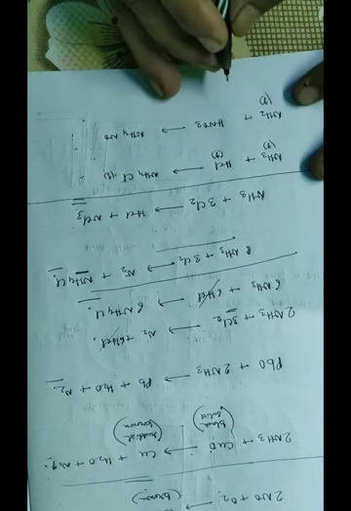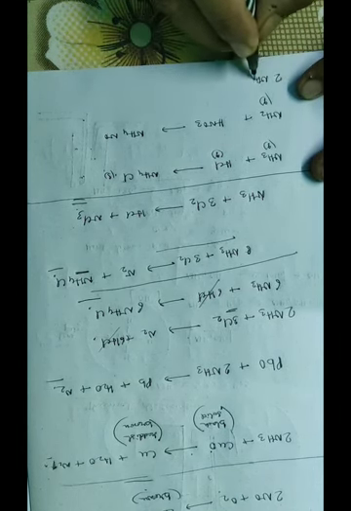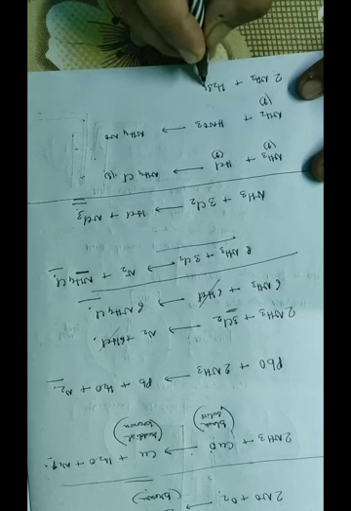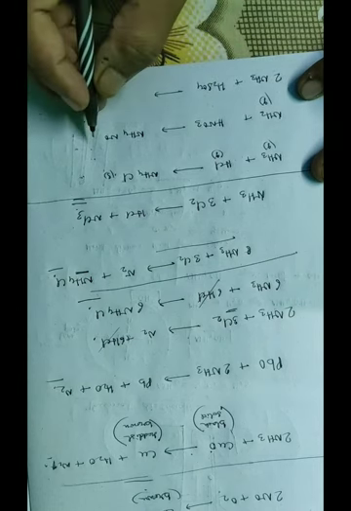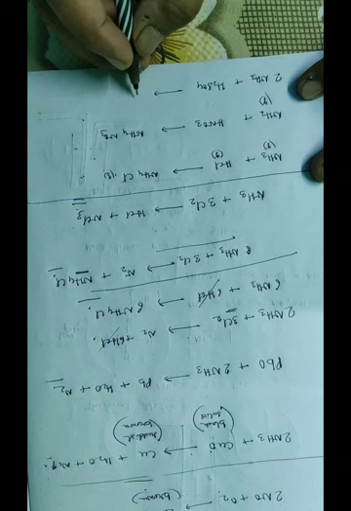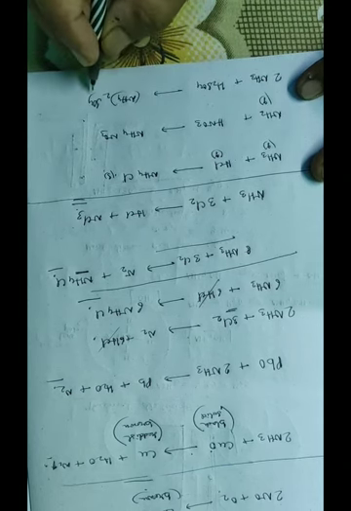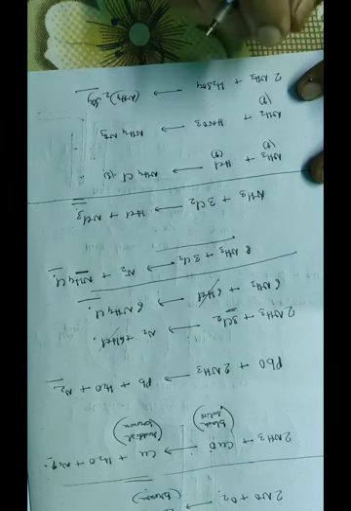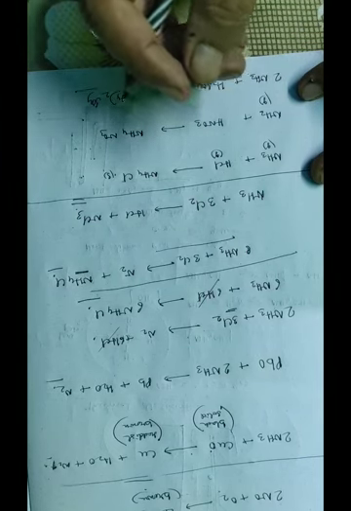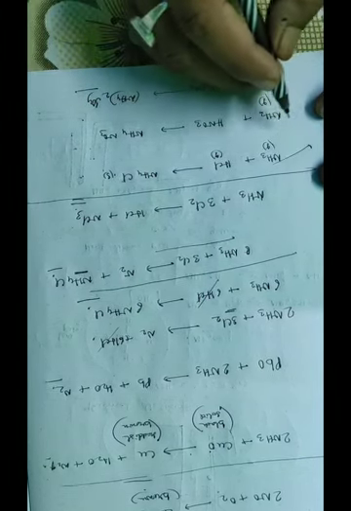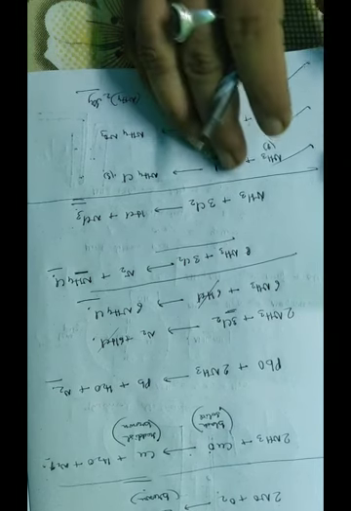Now when ammonia reacts with H2SO4, then our product is ammonium sulfate. Okay. Now these are the reactions with acid. 3 acids, HCl, HNO3 and H2SO4.